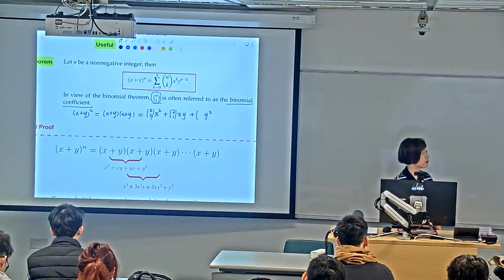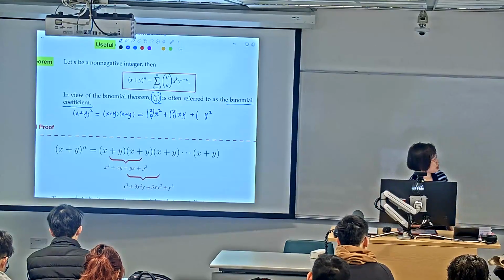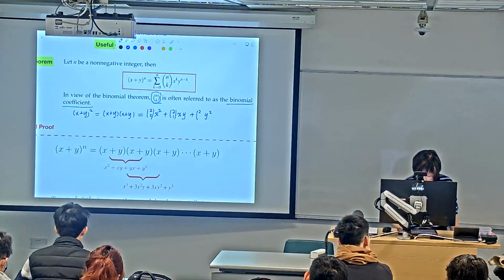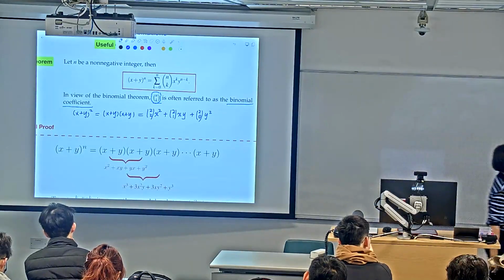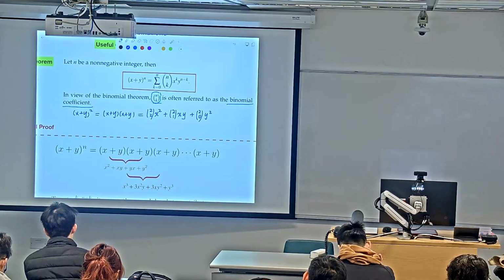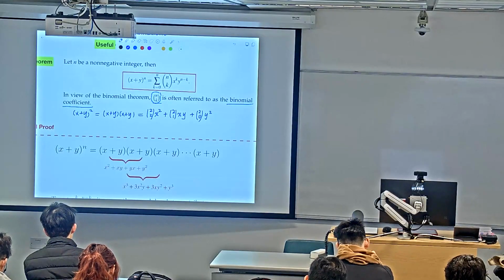And for the y squared part, we choose 0 of the brackets to contribute x terms. So we get to choose 0. If we interpret n choose k, we choose k brackets to contribute the x terms in their expansion.